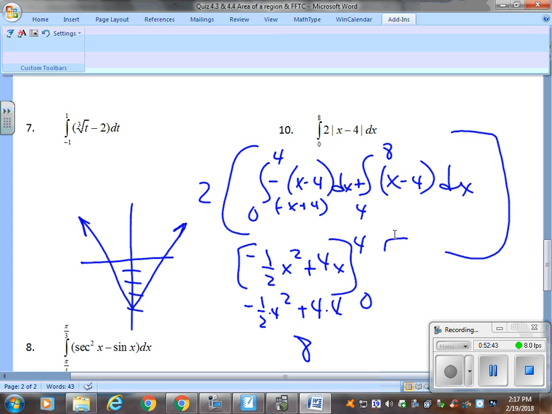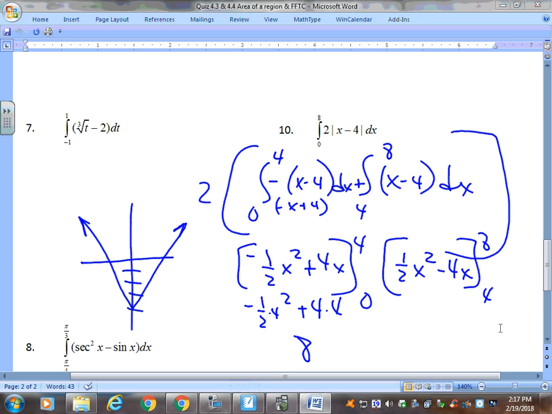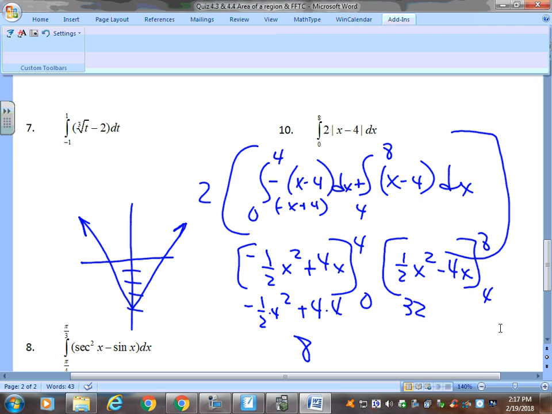Over here, if you integrate, you get positive 1/2 x squared minus 4x, from 4 to 8. You have to do all the math on that one because I don't have a 0 to plug in. 8 squared is 64, half of that's 32. 8 times 4 is 32. That part drops off. Then when you put in 4 squared is 16, half of that's 8. And 4 times 4 is 16. That's negative 8 times a negative makes positive 8. And 8 plus 8 is 16.